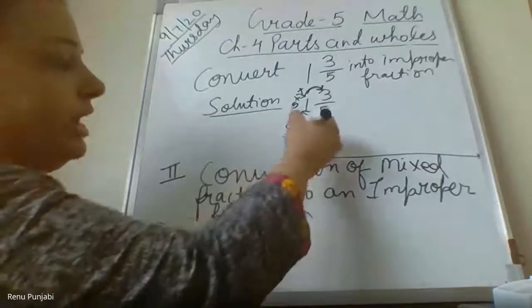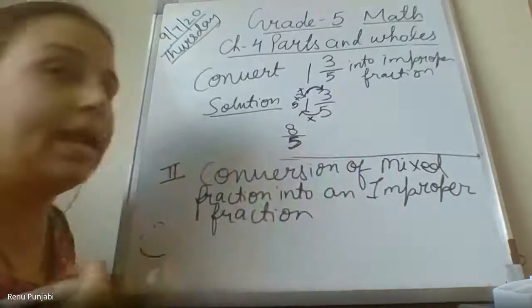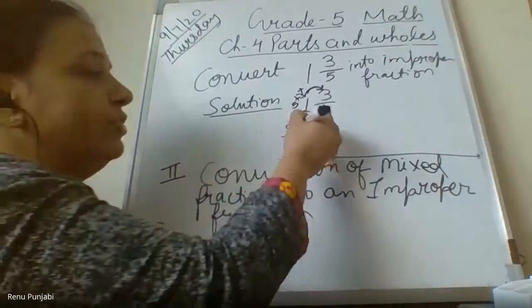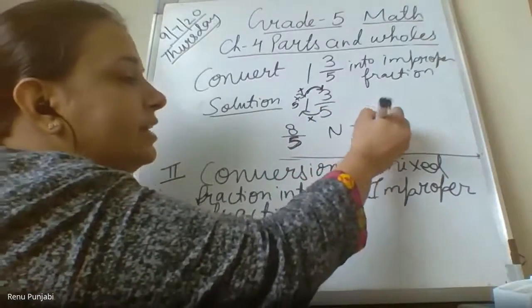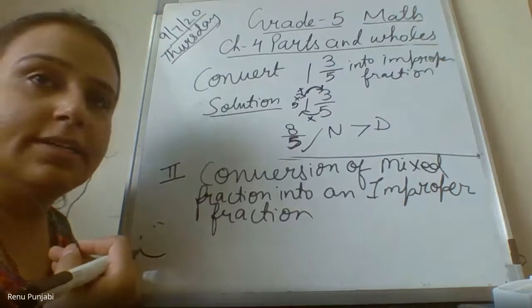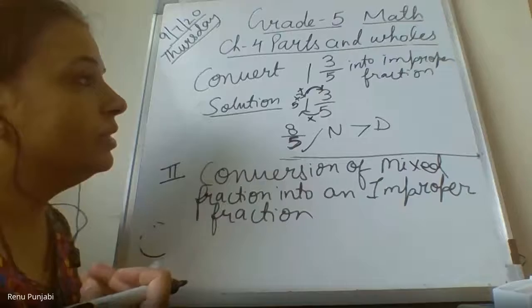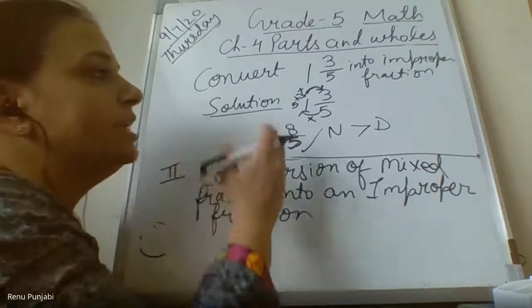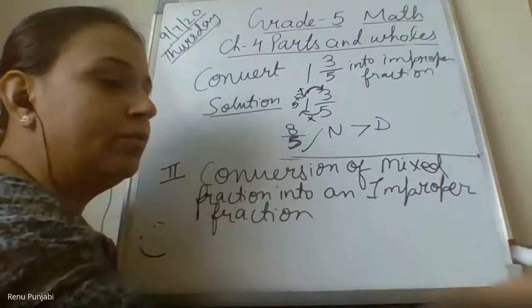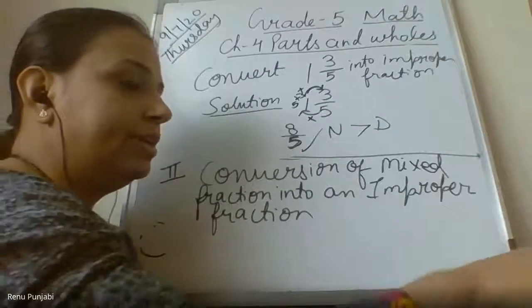You can check also that, as you all know, an improper fraction is a fraction which has the numerator greater than the denominator. Is this right? So this way you will convert the mixed fraction into the improper fraction. We'll give you one or two examples. Solve them in your notebook.